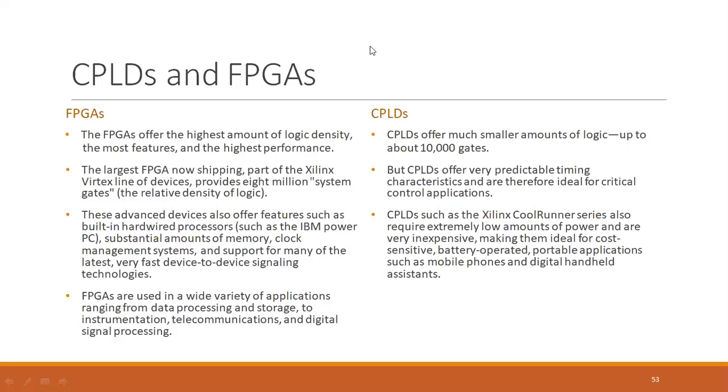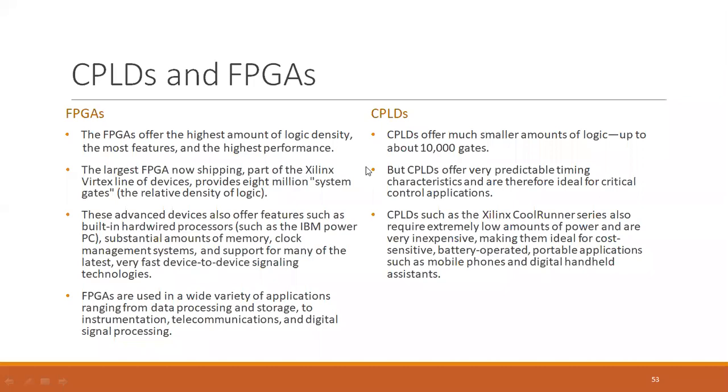So the difference between CPLDs and FPGAs: the FPGA has the highest amount of logic density, that is, the number of logic gates that you have. Whereas the CPLD has a limited number of logic gates, around 10,000.